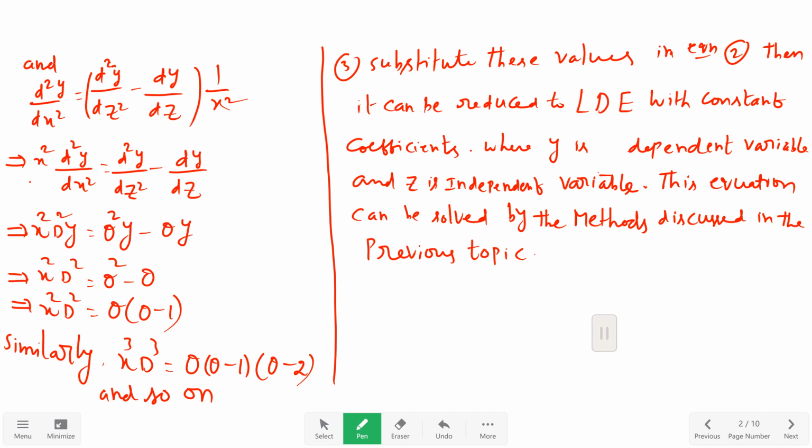Next, we will discuss this Cauchy's linear equation by taking one problem.